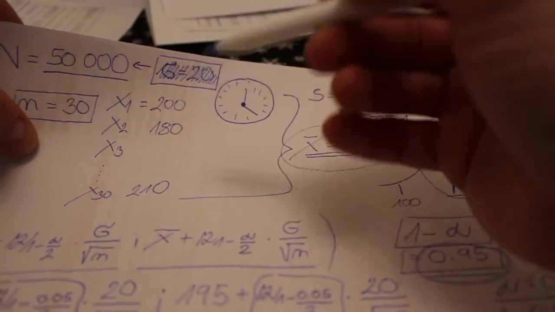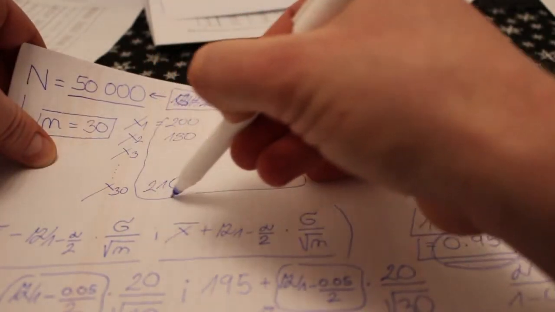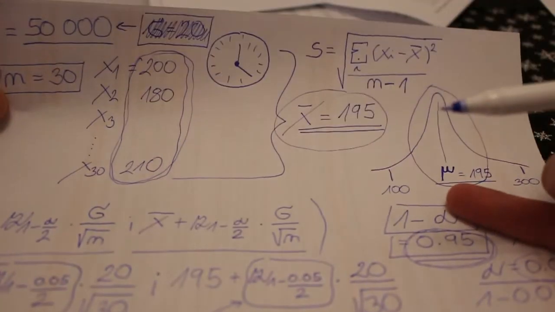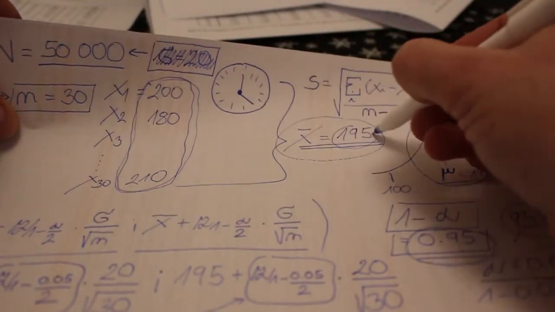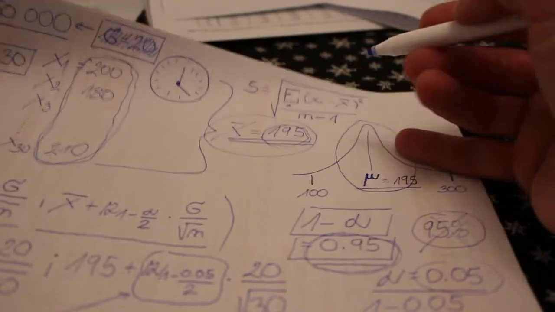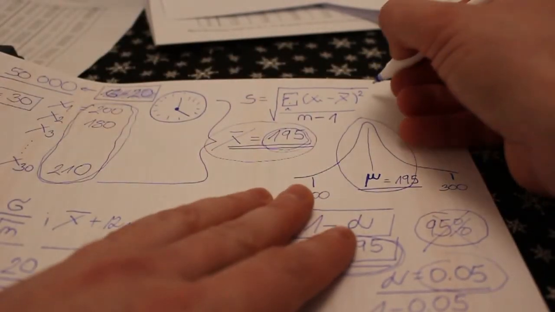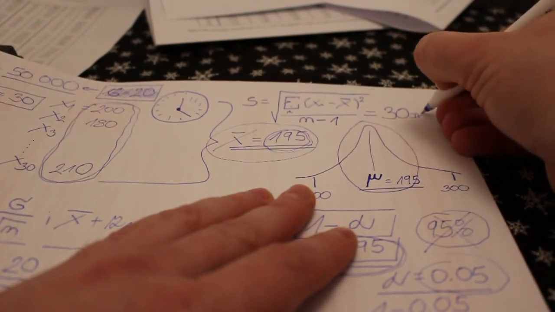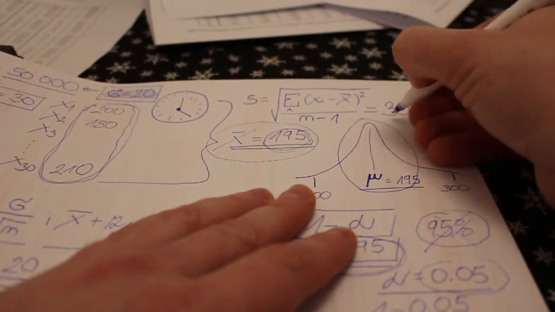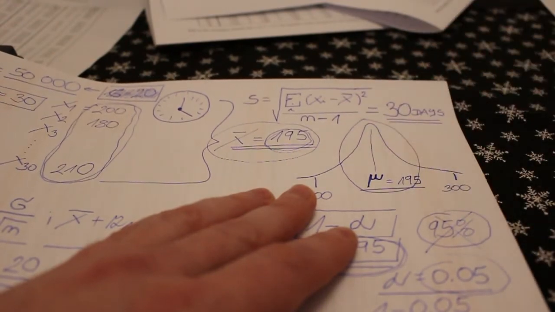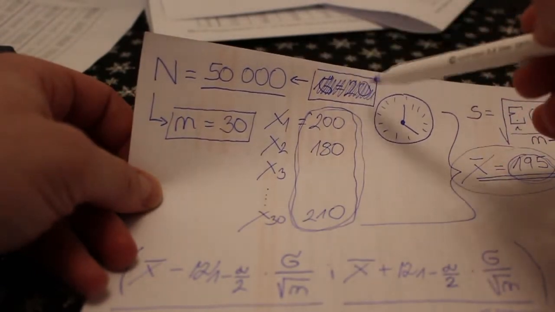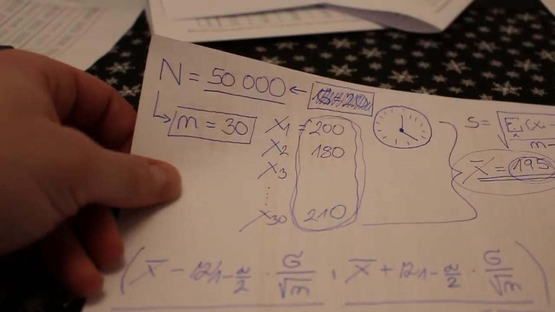So somebody calculated, on the basis of this data set, which is unknown for us, this sample mean and this sample standard deviation, which is equal to 30 days. So now we know only the sample standard deviation and not the deviation connected with the population.